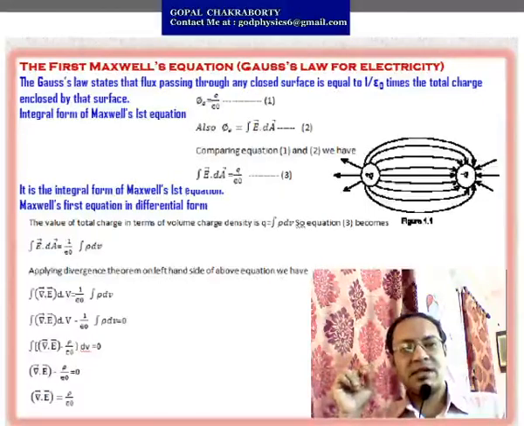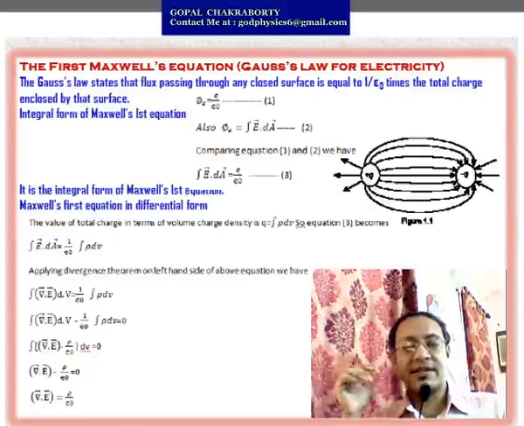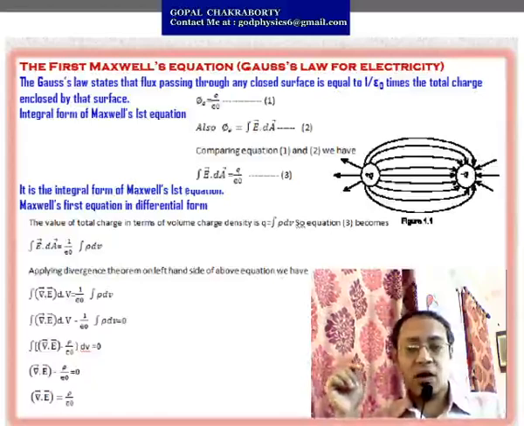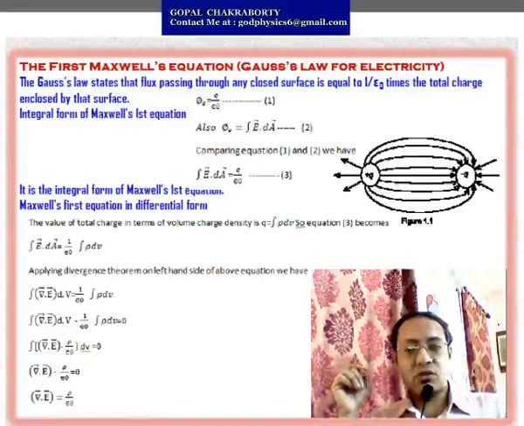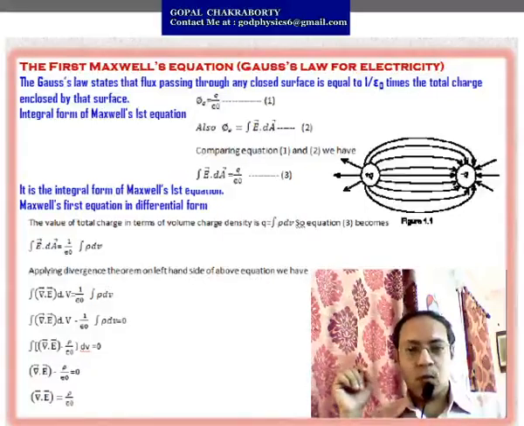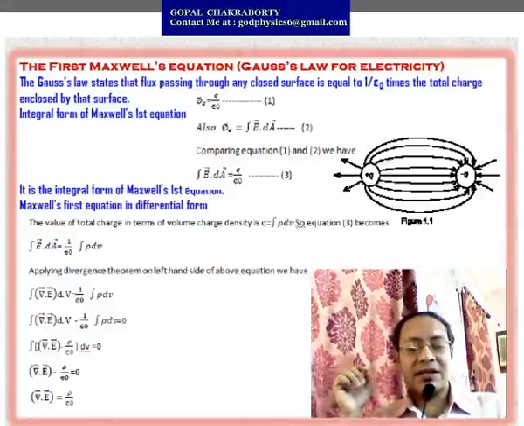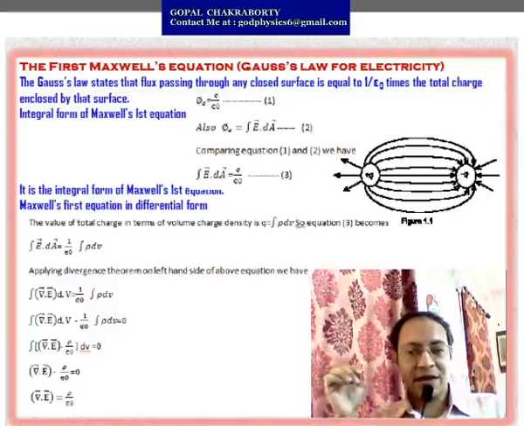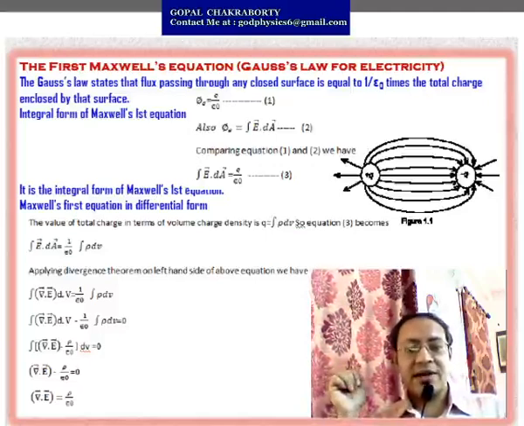It states Gauss's law for electrostatics, which states that the total normal electric flux through a closed surface is equal to 1 by epsilon naught times the total charge enclosed by the surface. And it is clearly visible that this first Maxwell's equation is a time independent equation.